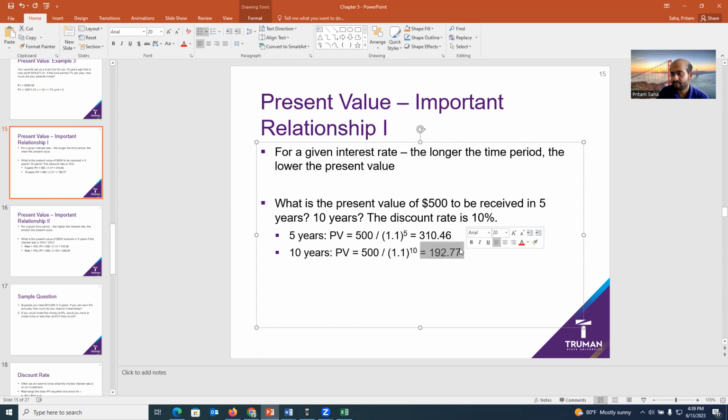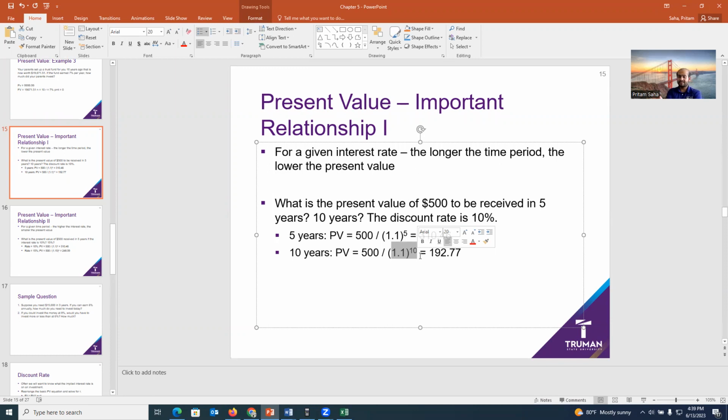Mathematically it makes sense because of this bigger T value. Intuitively it makes sense because the longer you wait to receive the money, the more you lose the opportunity to invest and earn some return.